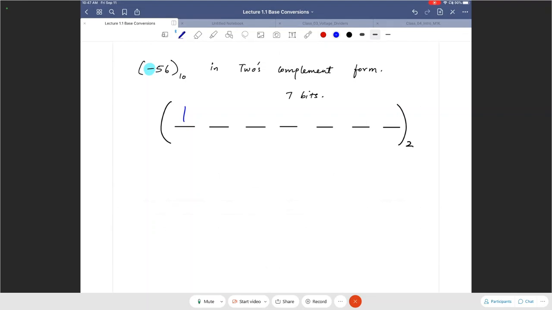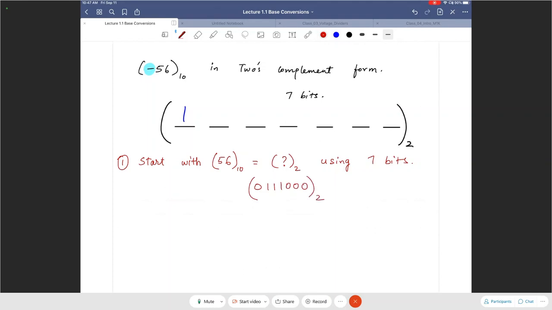This is going to be the steps. So let's say first step is going to be start with positive 56 and try to represent that in binary using 7 bits. And if you do this, you will get this 0, 1, 1, 1, 0, 0, 0. And you can verify this later.